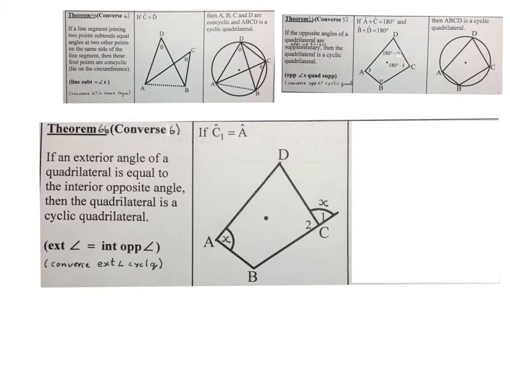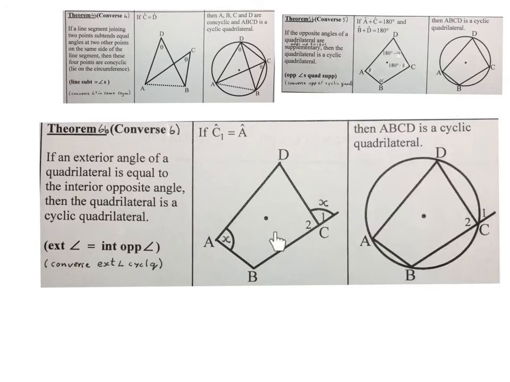Abbreviation we will use: exterior angle equal to interior opposite angle, or converse exterior angle of a cyclic quad. Looking at this quadrilateral with this exterior angle, if this angle is equal to that one, the exterior angle is equal to the opposite interior angle, then this quadrilateral will be a cyclic quadrilateral. In other words, all the vertices will be on the circle circumference.